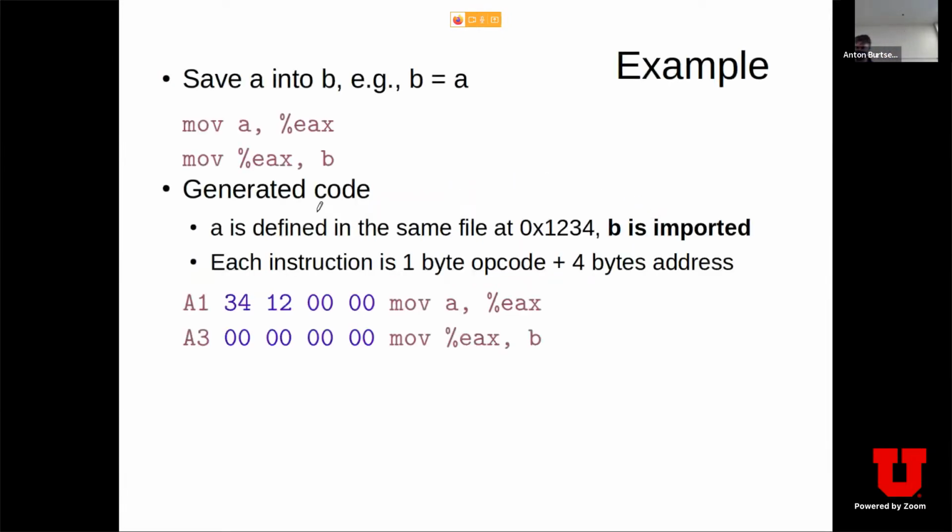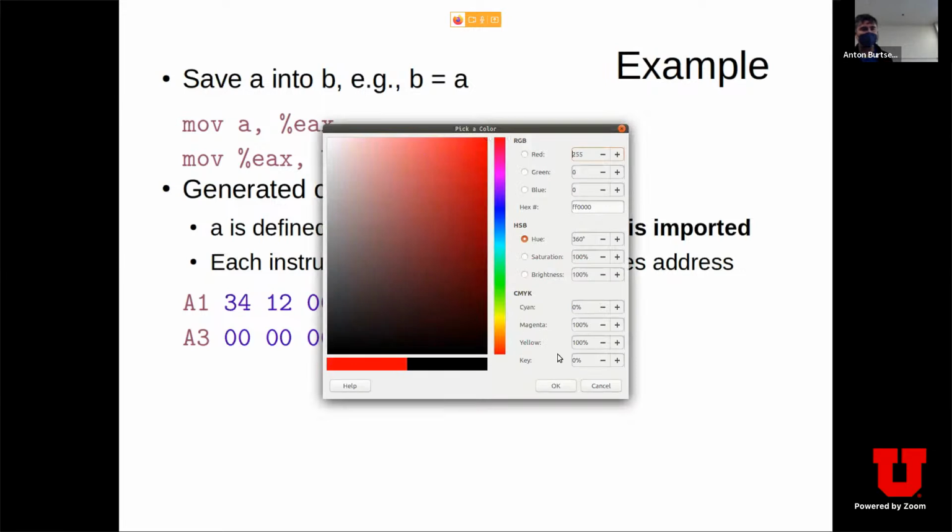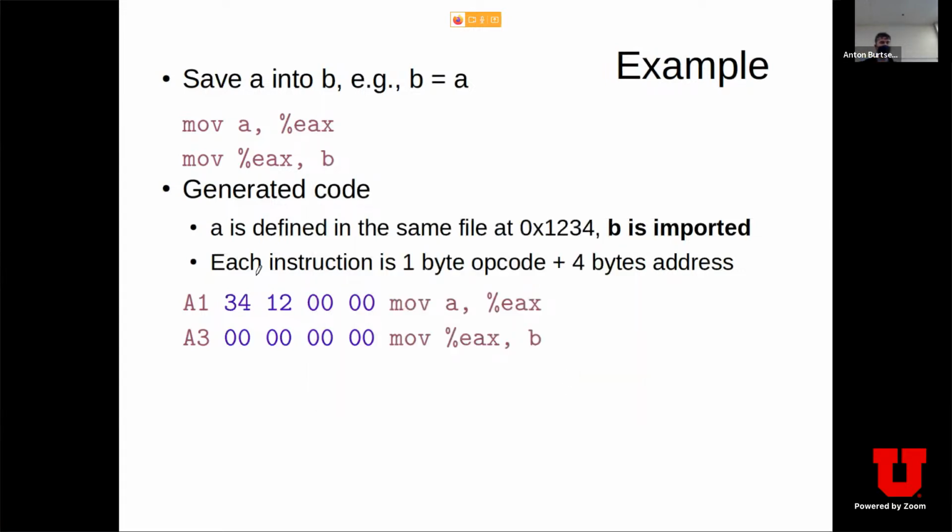So let's take a look at a concrete example again, just to understand how it works. And I will switch back to red. So imagine we have this assignment. You essentially save A into B, right? So imagine this is the code which got generated. We're using GNU assembly syntax.